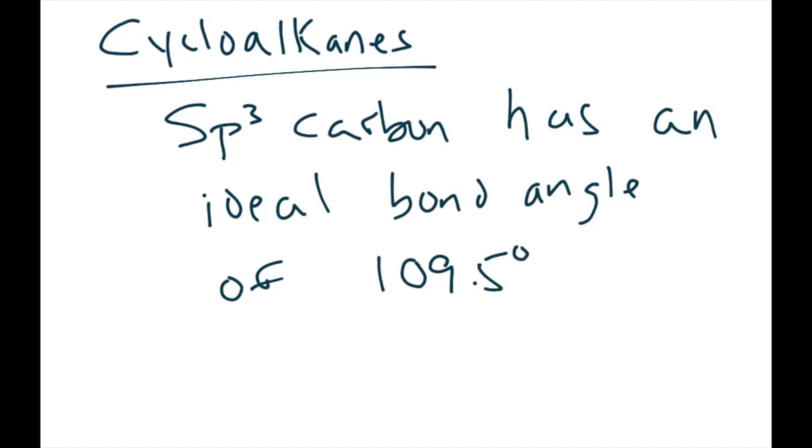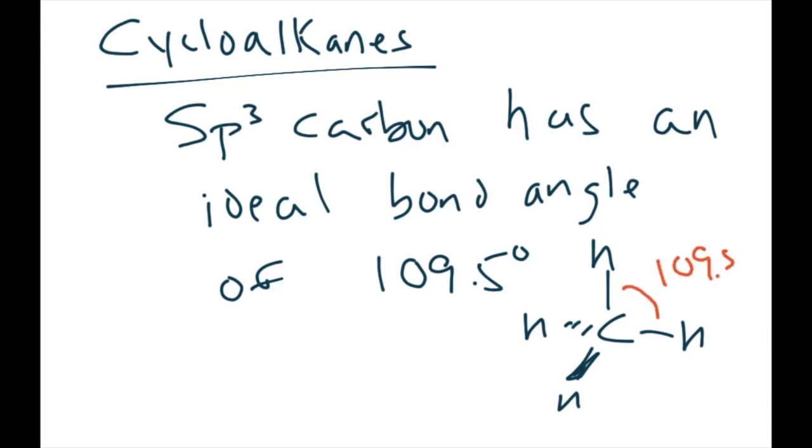So basically what that means is if you have a carbon that has 4 bonds, or 4 single bonds, all of those bond angles want to be 109.5 degrees. That is where there is absolutely no strain present in the molecule, right?